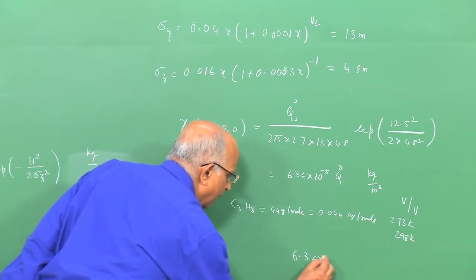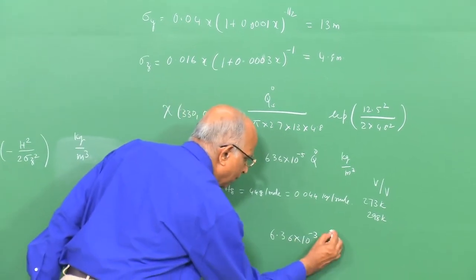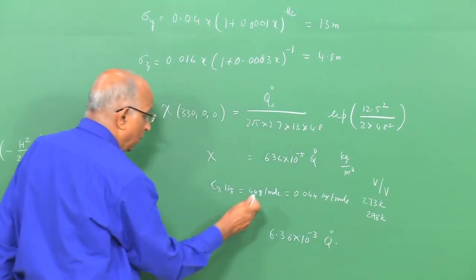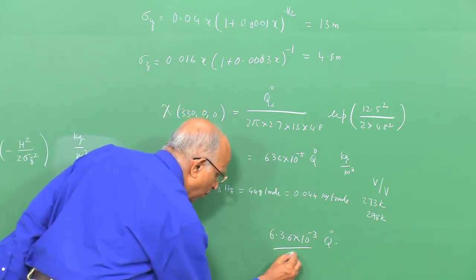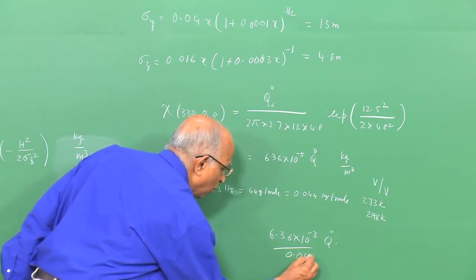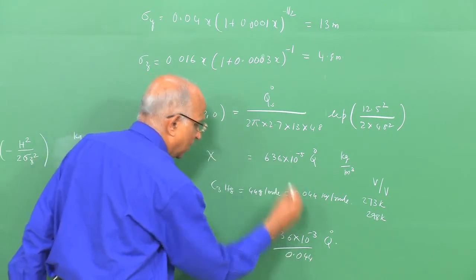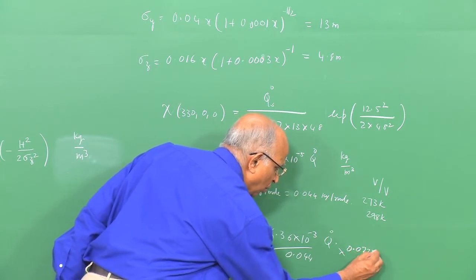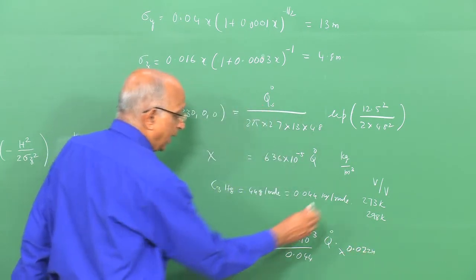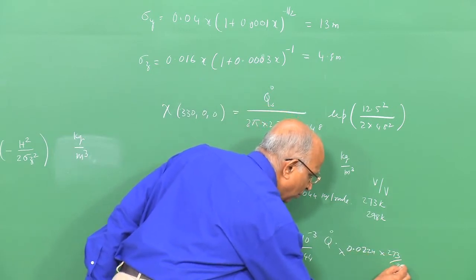Therefore, if I were to express chi in terms of volume by volume, I get 6.36 into 10 to the power minus 3 into q dot into, now this is so much kilograms, in terms of mole it is 0.044, and now this is so much moles, a mole of gas contains 22.4 liters, that is 0.224 meter cube per meter cube. I correct for the temperature with 273 divided by 298.